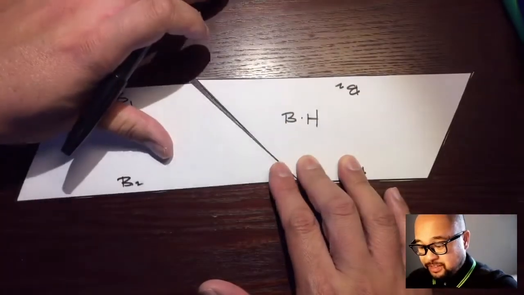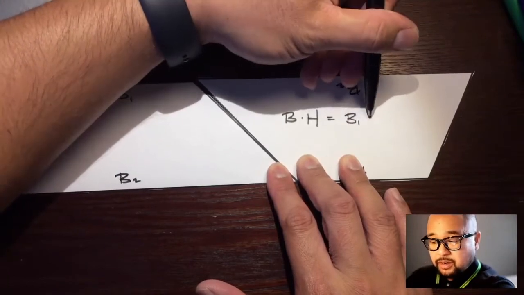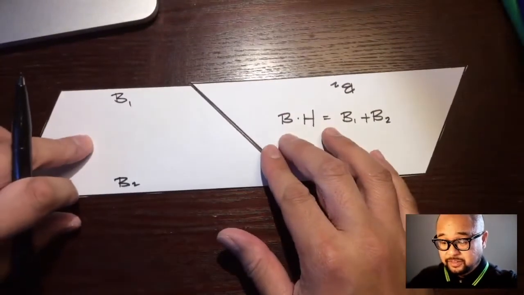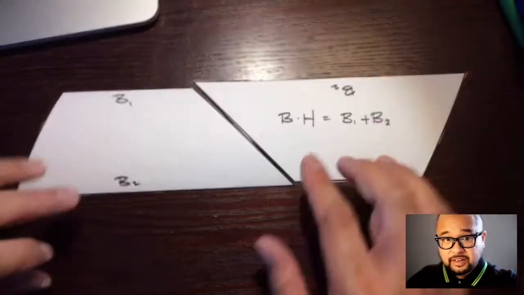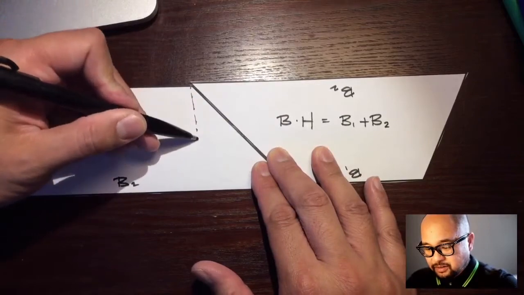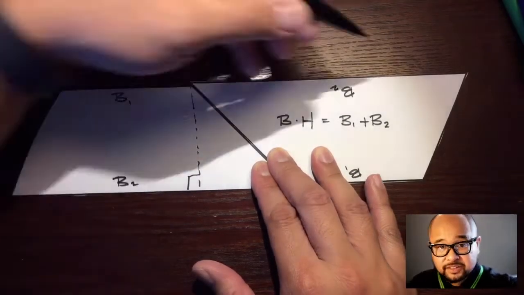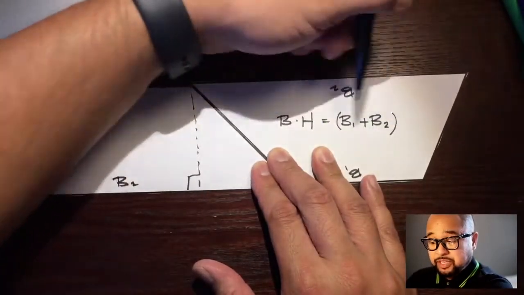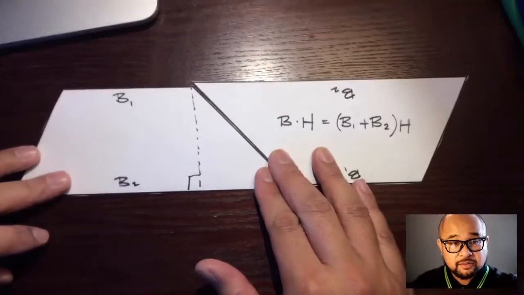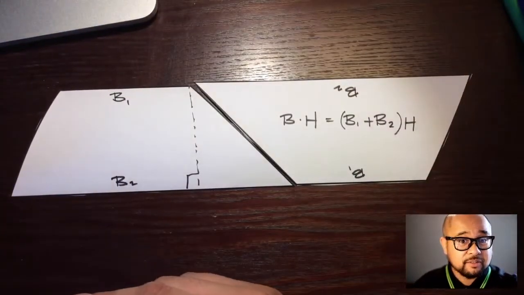So for this specific parallelogram, it would be B1 plus B2, right? The length of this entire thing right here is B1 plus B2, and the height would be this line right here that's perpendicular to that. So B1 plus B2 times H would be the area of this entire parallelogram.